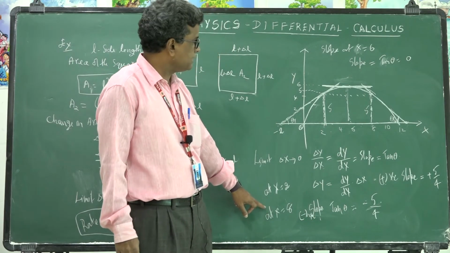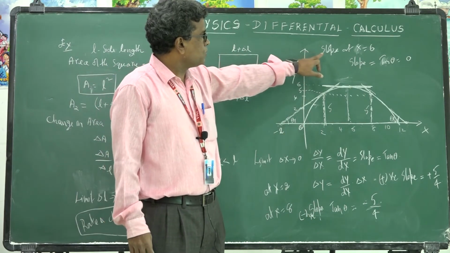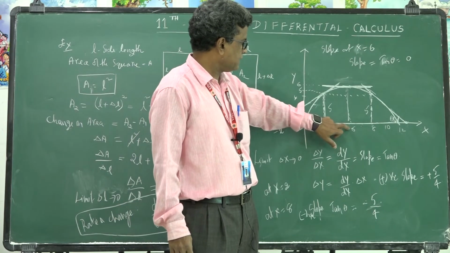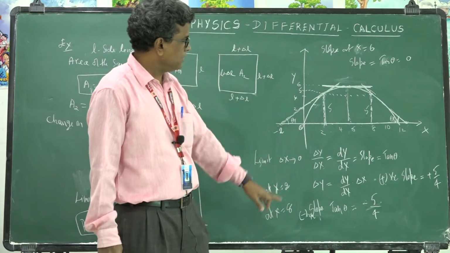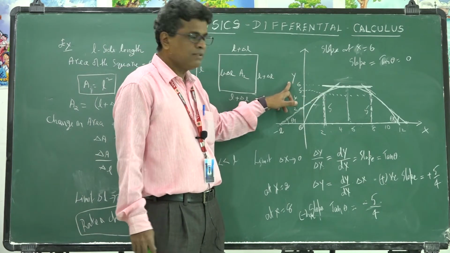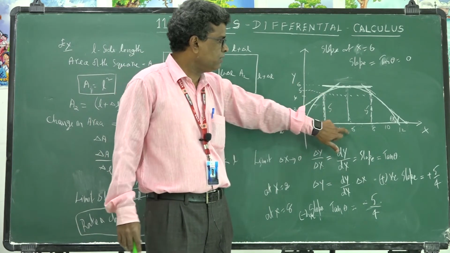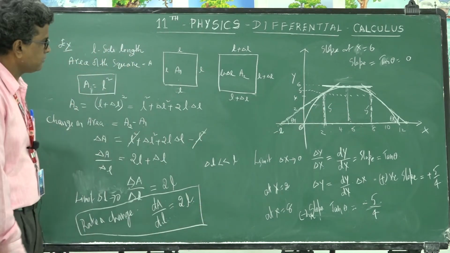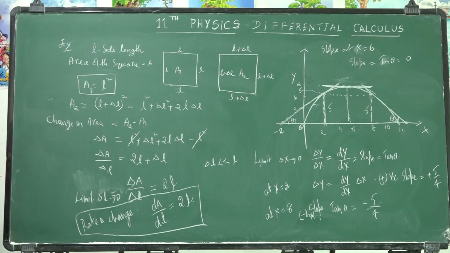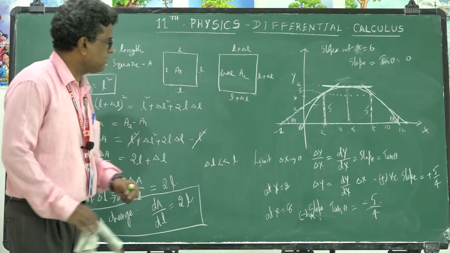That is at x is equal to 8. Slope is at 6, we have slope is 0. That means this value y remains the same with respect to x. That is the physical meaning. Clear? This is the graph.